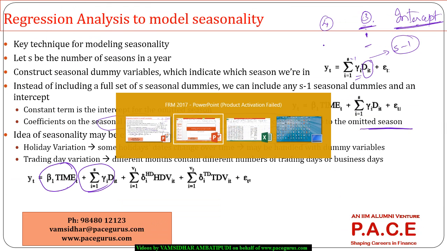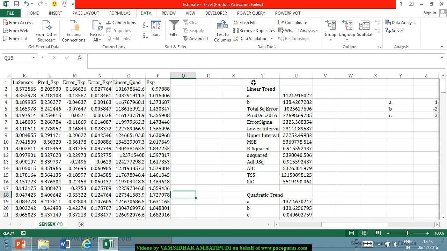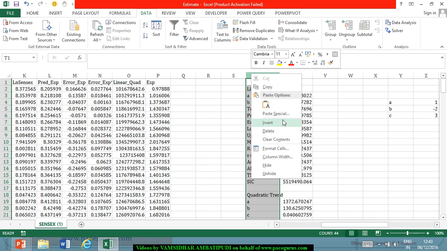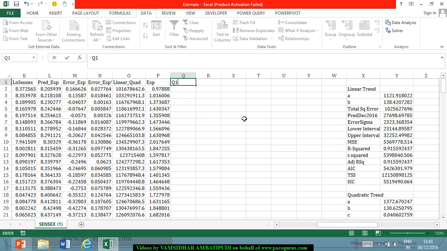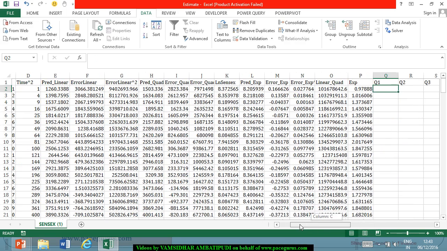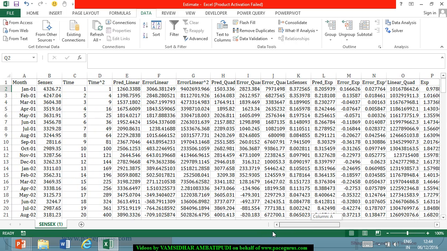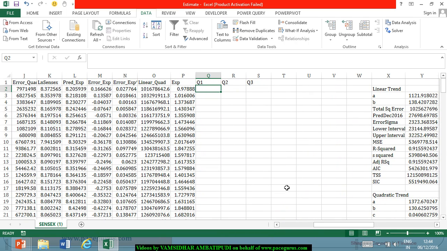So here in the data, if I have to bring that aspect into this, let me bring in 4. I'll say Q1. If I'm talking about data which is in January, February or March, then I'm looking at it as Q1.